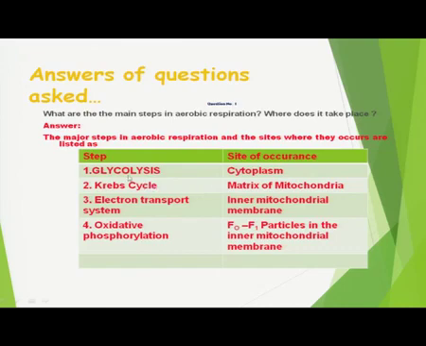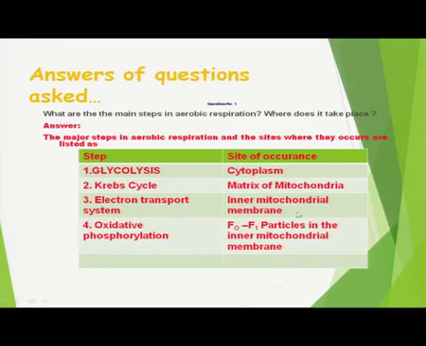The next step is the Krebs cycle, which is also called the TCA cycle or citric acid cycle. It takes place in the matrix of mitochondria. The third step is the electron transport system.